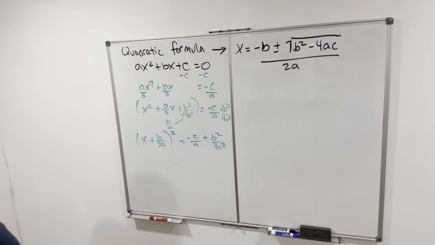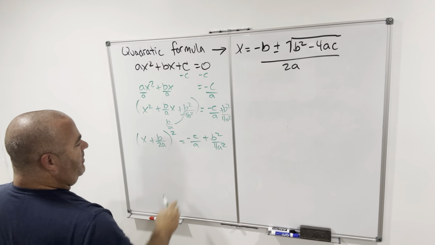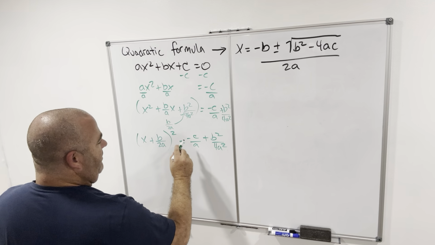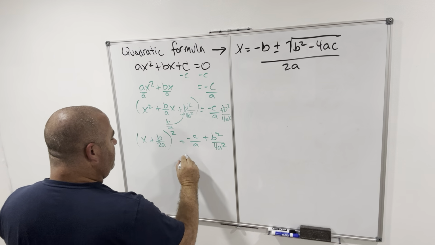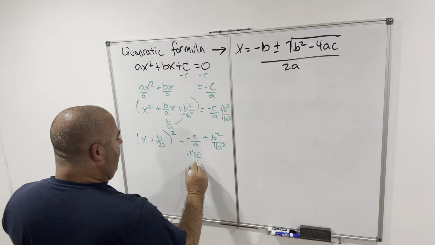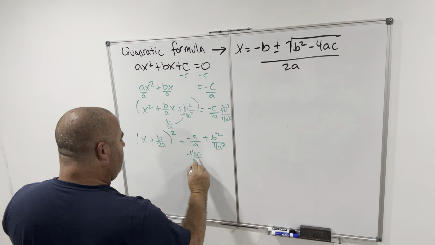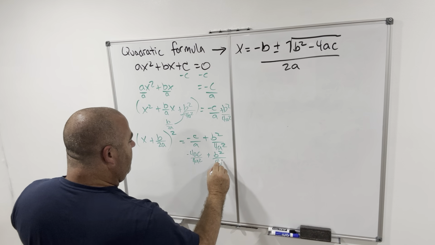4a squared. Now, just so we can combine these, we're going to multiply top and bottom here by 4a, and that'll give us a 4a squared down here. So this term is going to become 4ac over 4a squared plus b squared over 4a squared.